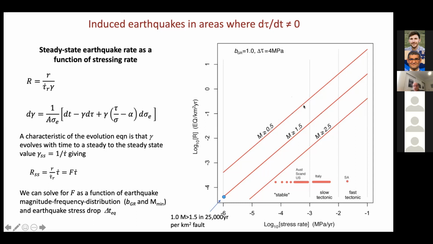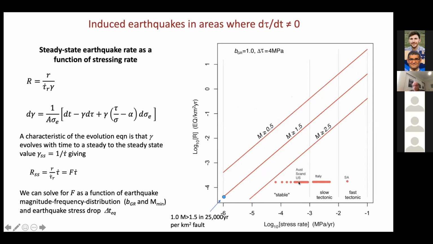And this is the log earthquake rate per square kilometer of fault per year. So San Andreas is what I term fast tectonic. In this area, for example, Italy, and I'll be talking about that in a few minutes, it has stressing rates that fall in this range. And so you can get an idea of what the seismicity rates on faults are from that.